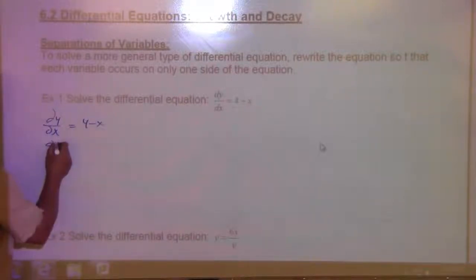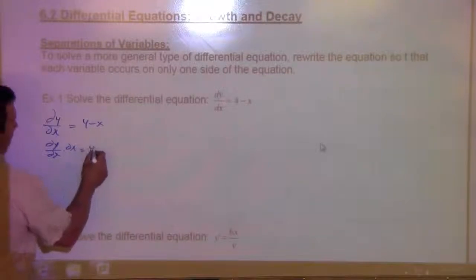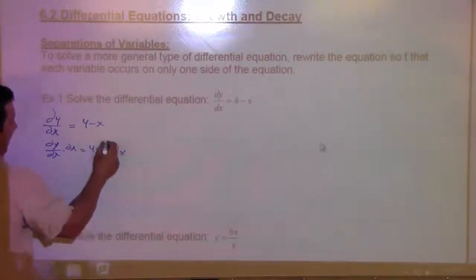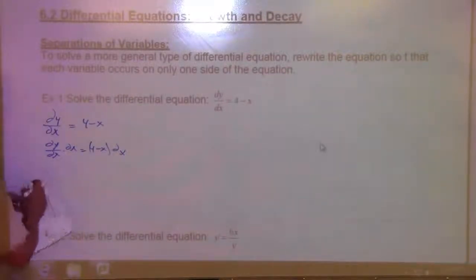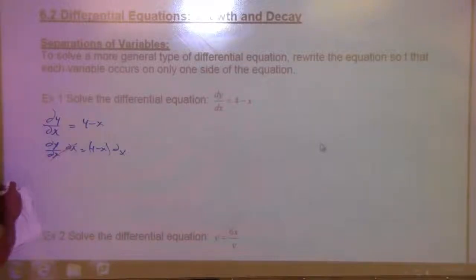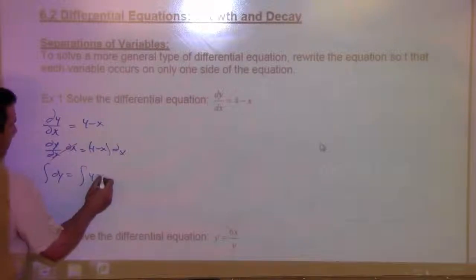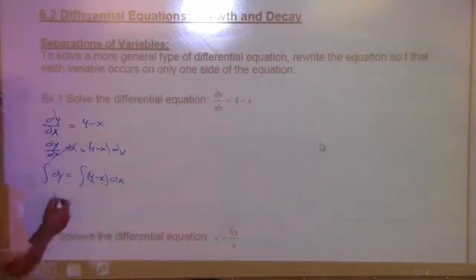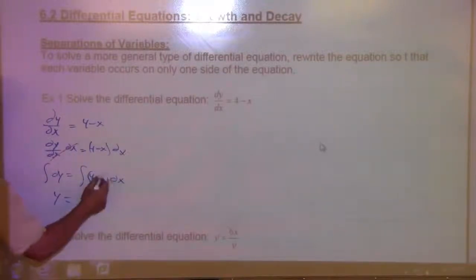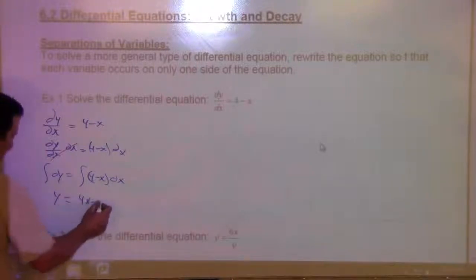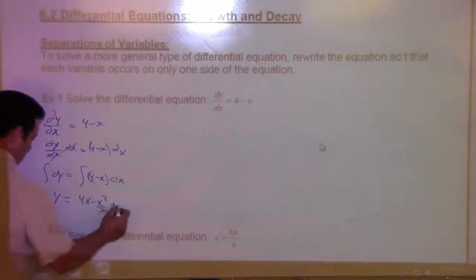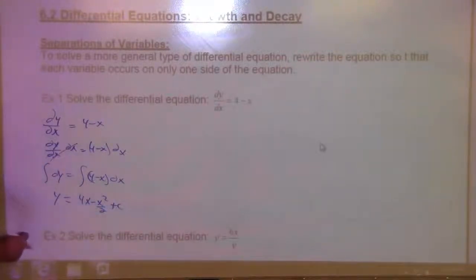We say dy/dx times dx equals (4 minus x) dx. Not really what's happening, but we're moving that over. This goes away. And if we do the integral of dy, we get the integral of 4 minus x dx, meaning y equals 4x minus x squared over 2 plus c. And that's it.